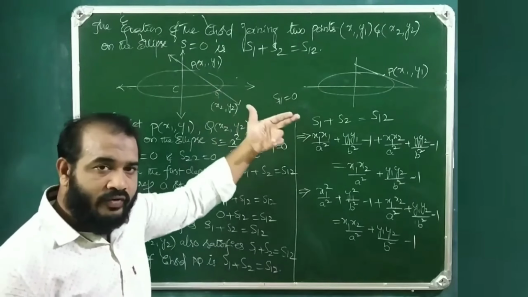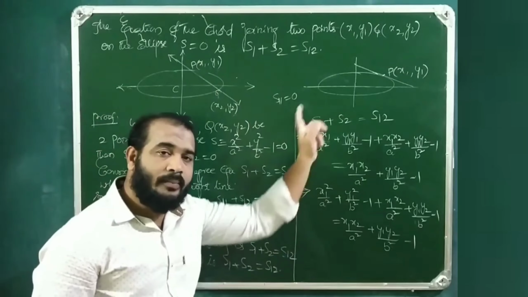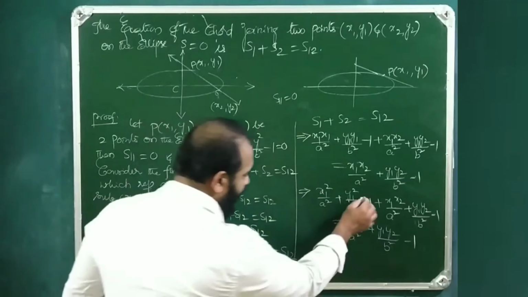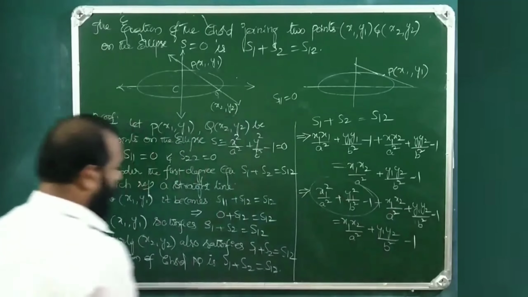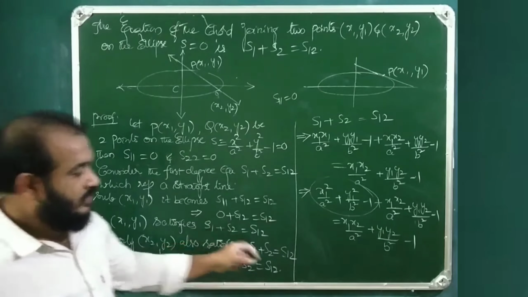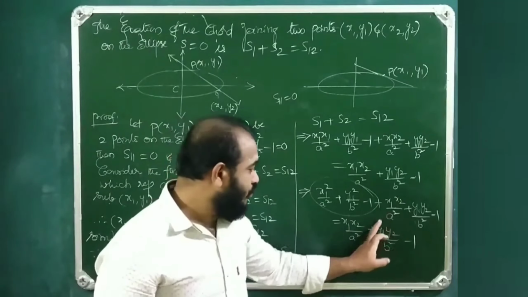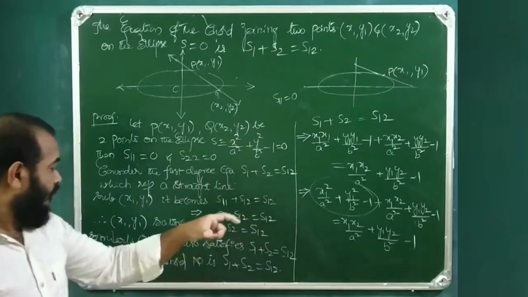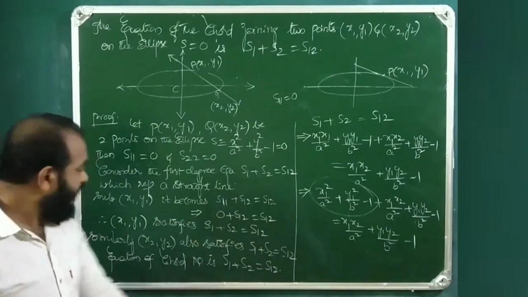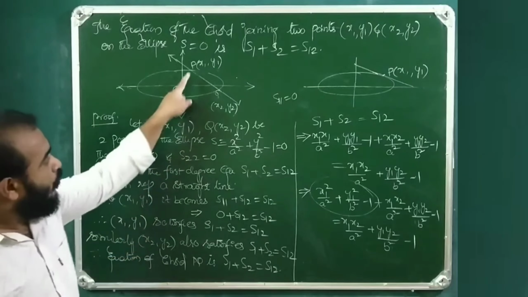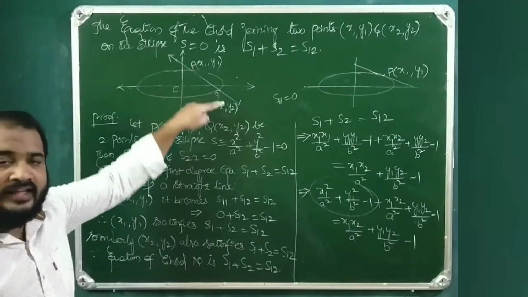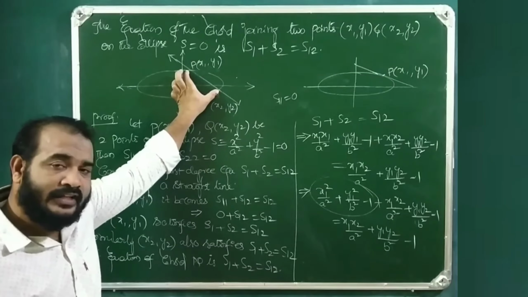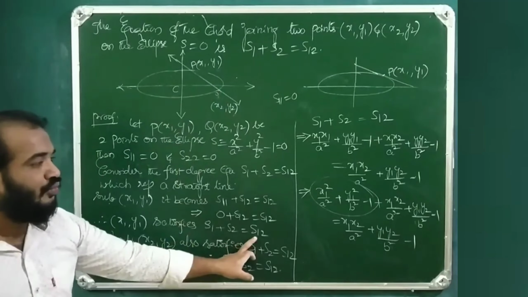So substituting x1, y1 in that, x1²/a² + y1²/b² − 1 equals 0. This is the notation of S12, so S12 equals S12. So we arrive at a conclusion that yes, the point (x1, y1) lies on the equation of the chord S1 + S2 = S12.